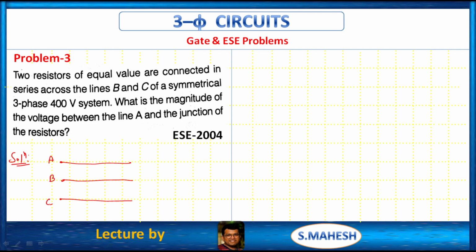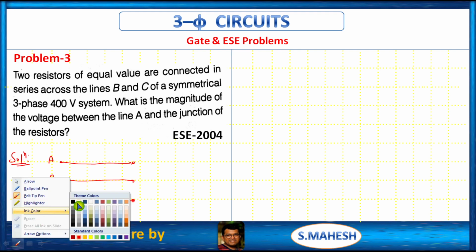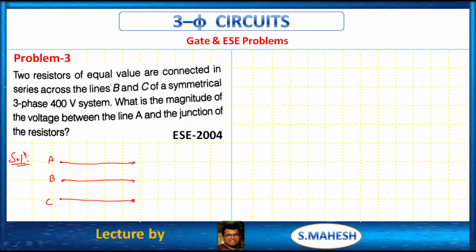Means two resistors of equal value are connected in series across the lines B and C. Let us say this is like this, right? So this is the point, that is the neutral point. That's it. This is the junction, right?